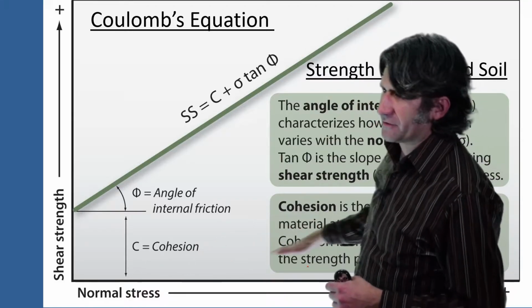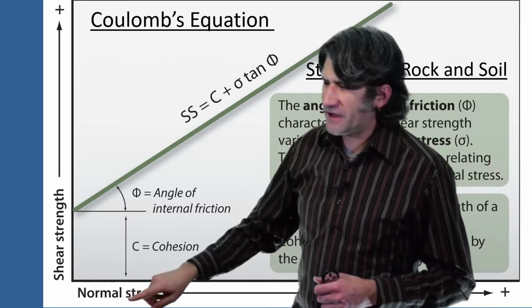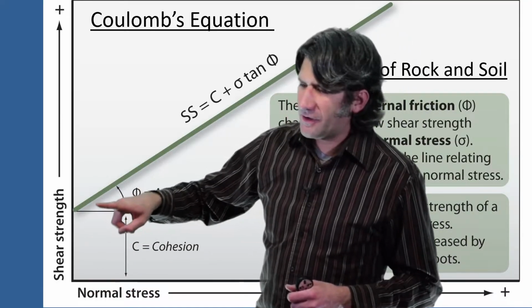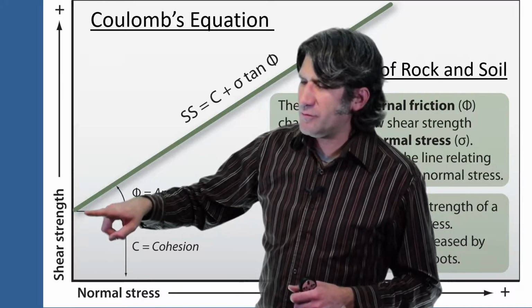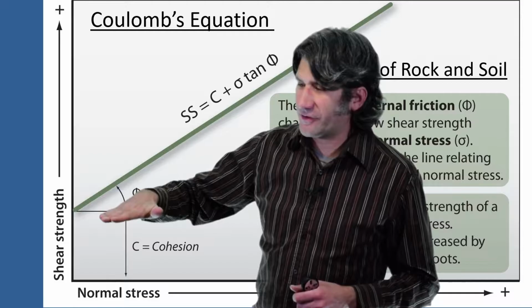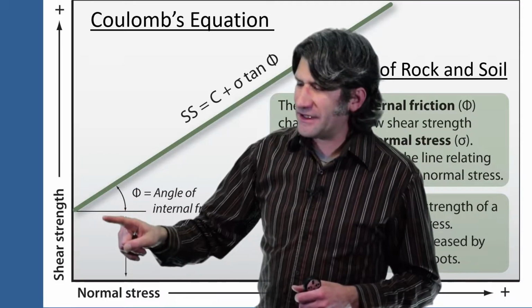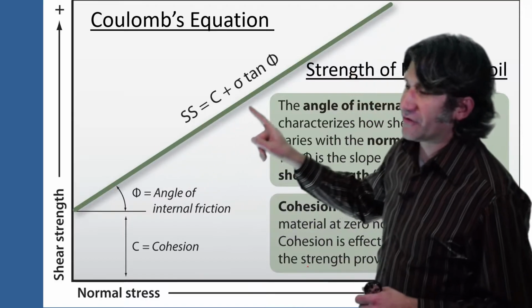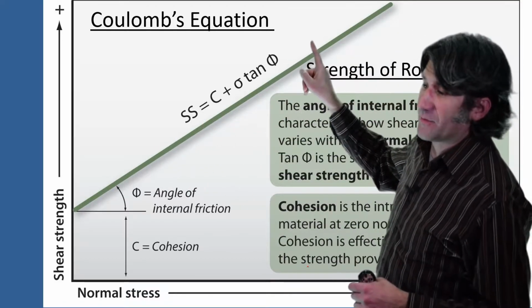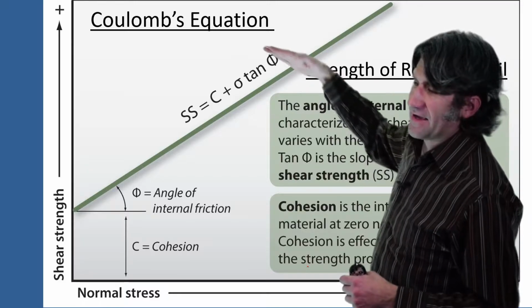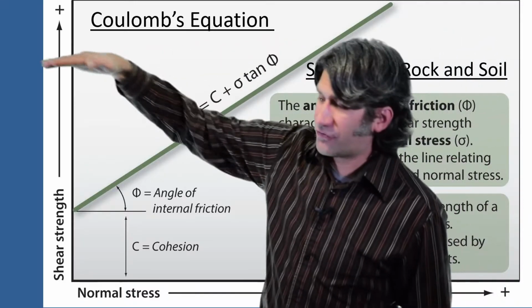Here we've got a material that is going to have a certain amount of strength even with minimal normal stress, and that's associated with the cohesion of the material. Then as we start increasing the normal stress, we increase the shear strength of the material. Materials that have higher normal stresses have higher shear strength.